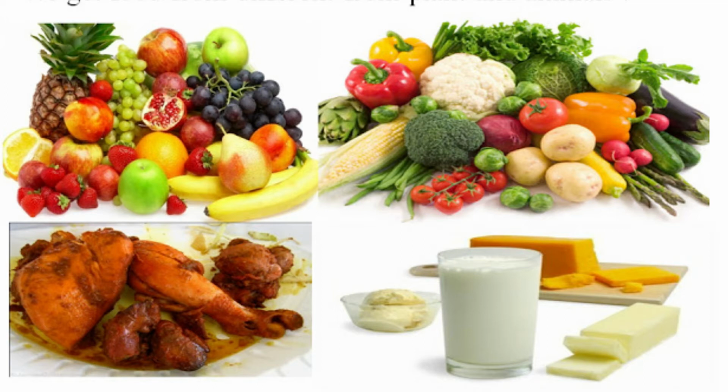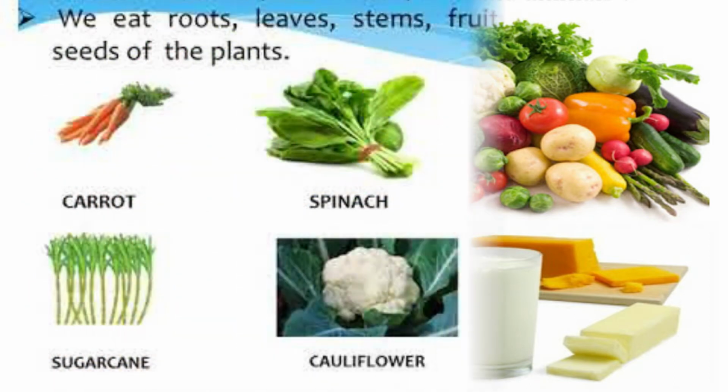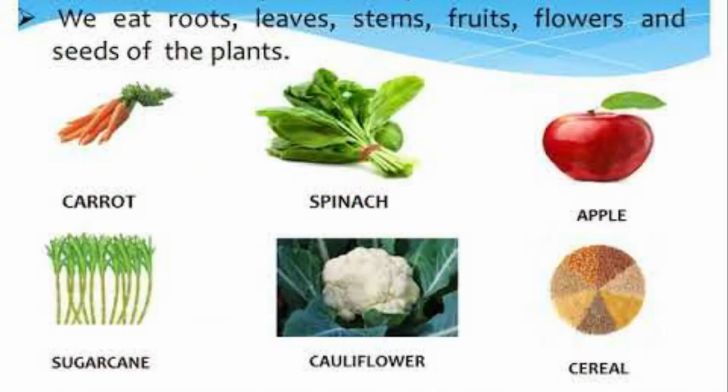Directly or indirectly, the food we eat comes from plants. Plants are all around us. Plants give us fruits, vegetables, pulses, cereals, etc. Not only we, even animals also depend on plants for food.